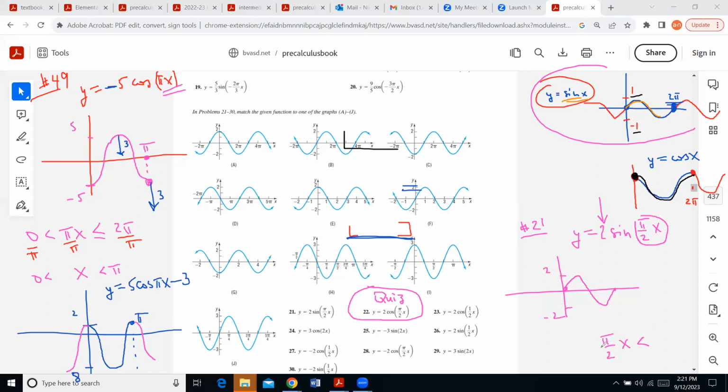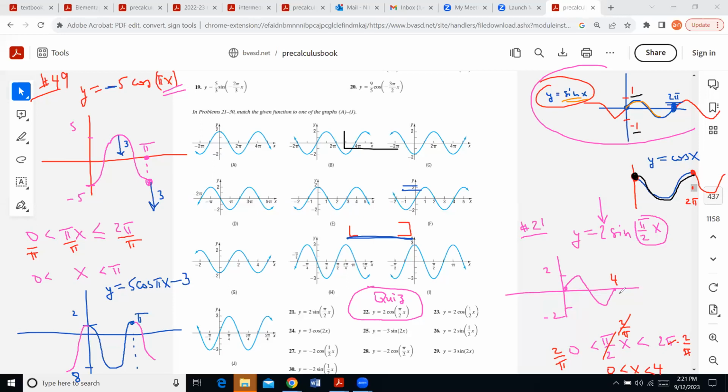That has to be in between of 0 and 2 pi to start. And then we're gonna flip that pi over 2, write it as 2 over pi, and times it by each portion of our little inequality. So these are gone. 0 is on the left side, and on the right side, after pi was canceled, we got 4. So this is it. That's our little piece that I care about.